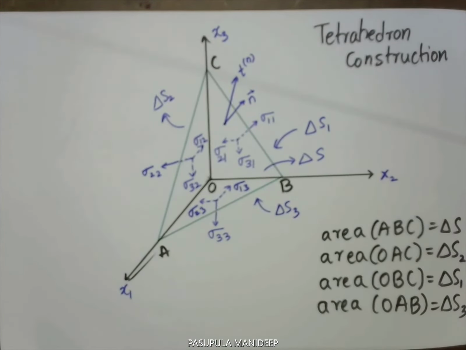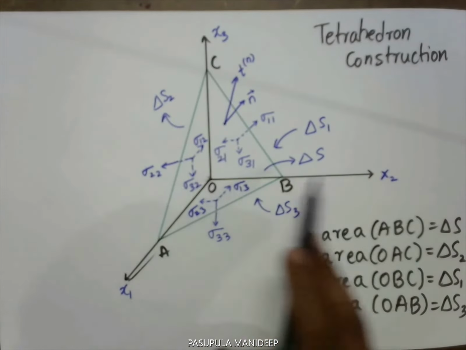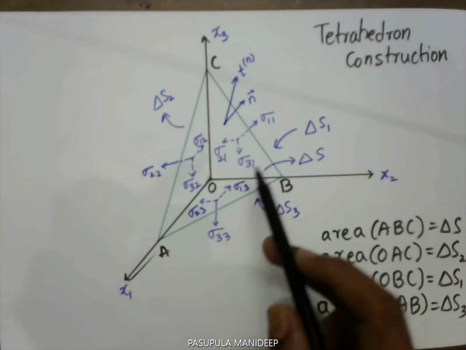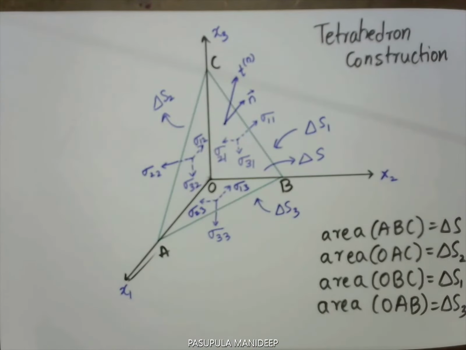We are just using the numbering where the face perpendicular to x2 has S2 and the face perpendicular to x1 has S1.